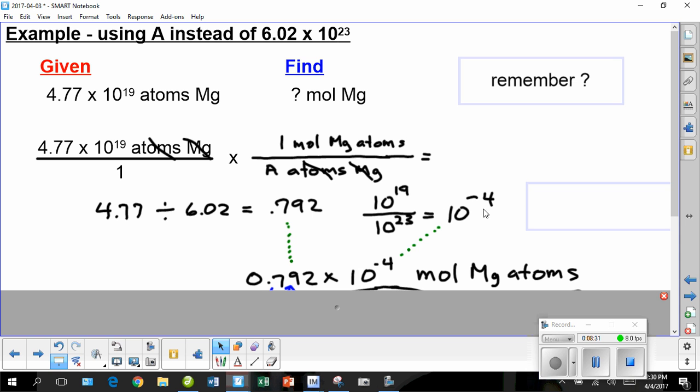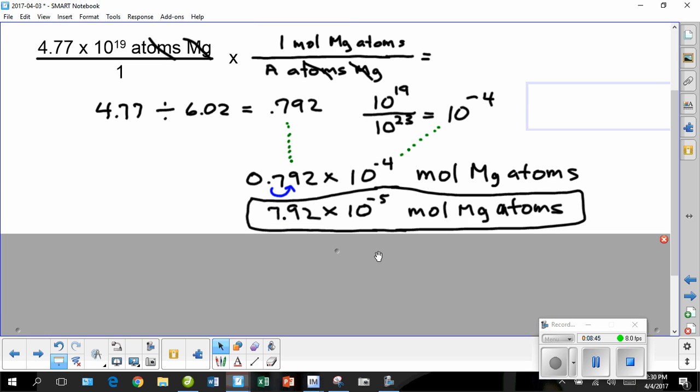The result of this power of 10 being divided is going in here for the power of 10, and over here we've got this number formed straight out of the answer from this division. After we move the decimal back into scientific notation position, we now have 7.92 times 10 to the minus 5.